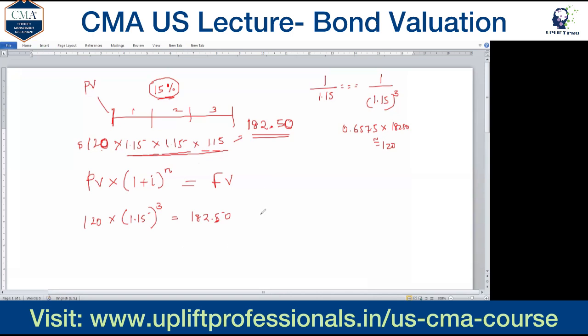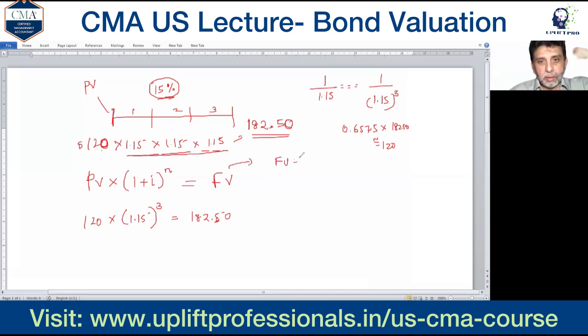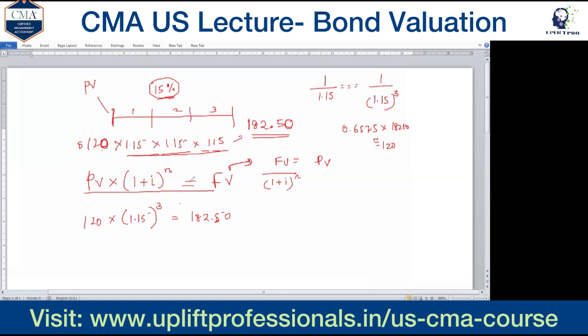See, from this formula only we get present value, is it not? Future value divided by 1 plus I whole to the power of n is equal to present value. From this expression itself we get it. Clear, Robert? Yeah, clear, sir. Now it's clear.